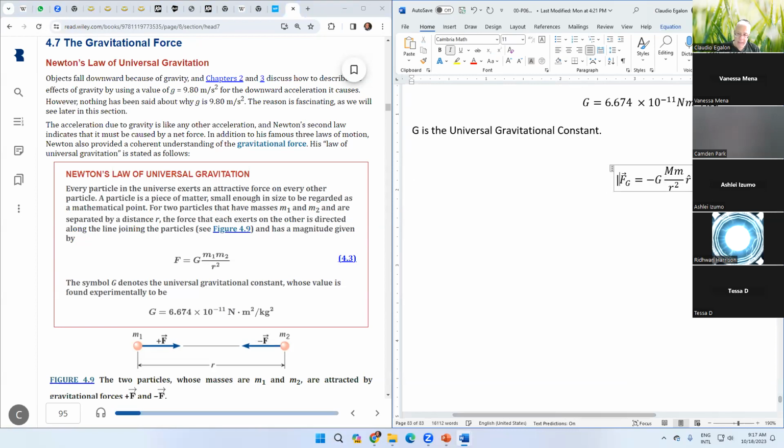That's how you are going to memorize this force. Since it's a magnitude, we do not have a vector right here, and we write it this way. But let's not forget, this force is always attractive.